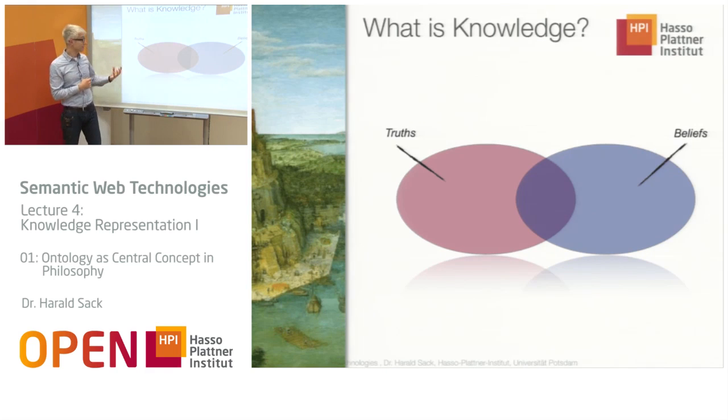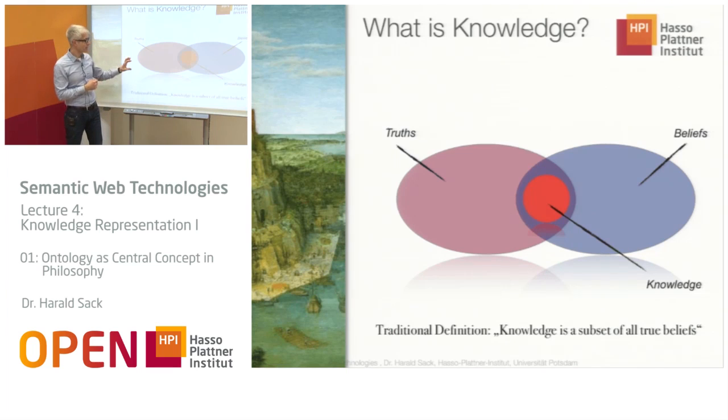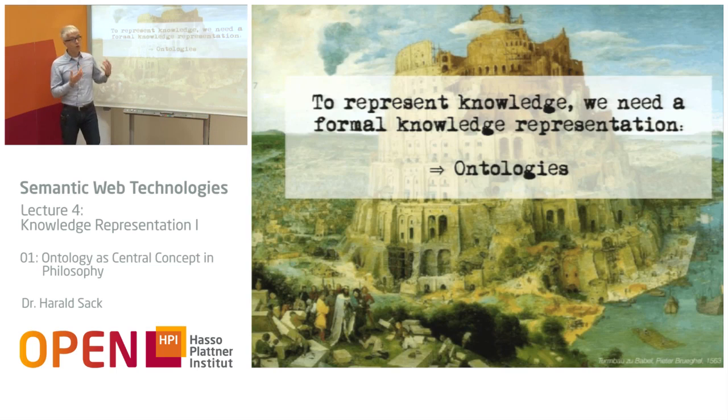And within this intersection of all truths and all beliefs, there is what you know. So knowledge is a subset of all true beliefs. And thus, to represent knowledge formally, we need some formalism, a formal knowledge representation, which are ontologies.